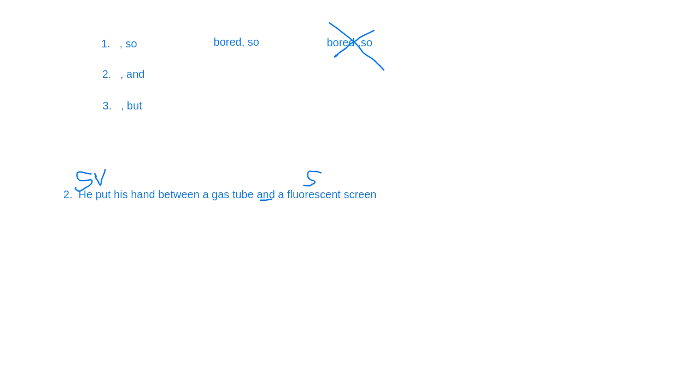No. The screen is not the subject. So the reason why we have the and is because we're combining two nouns. We're just putting two nouns together. And we have to use the word and in order to do that.